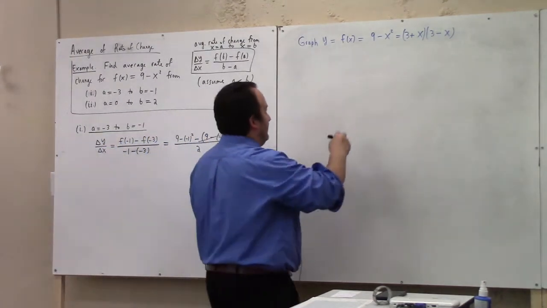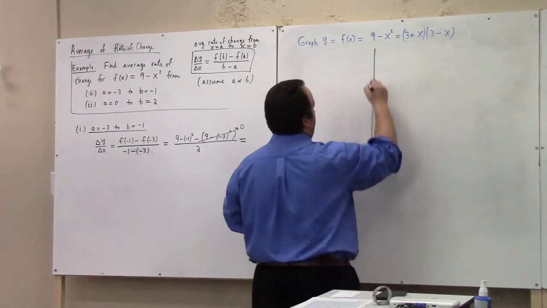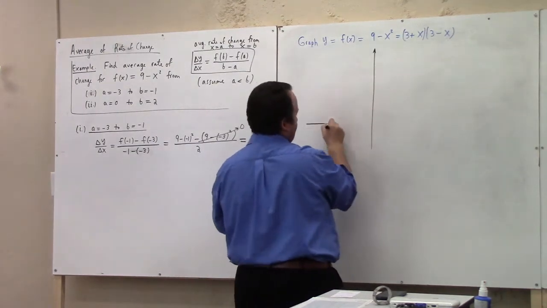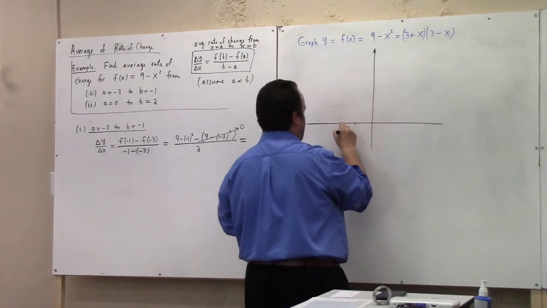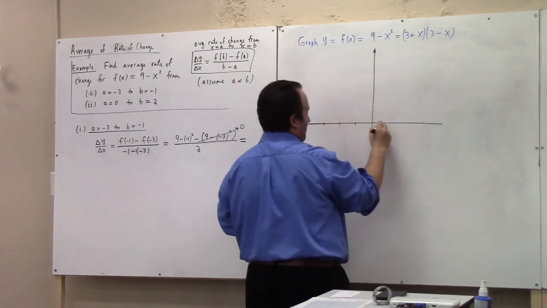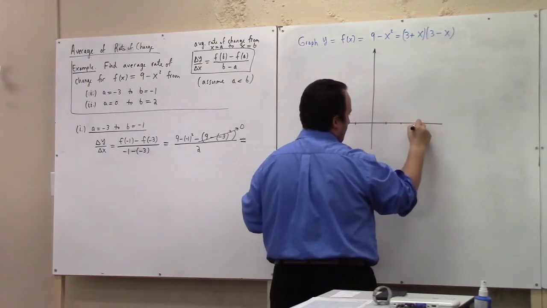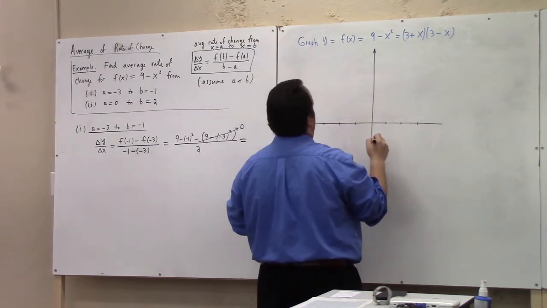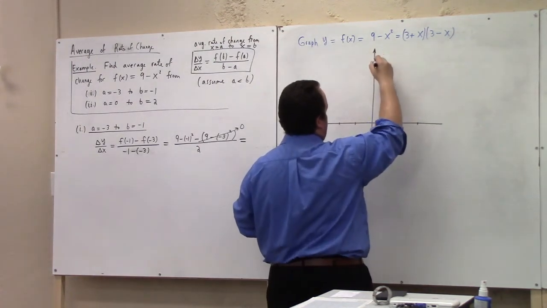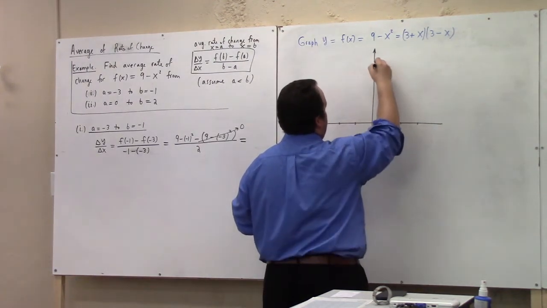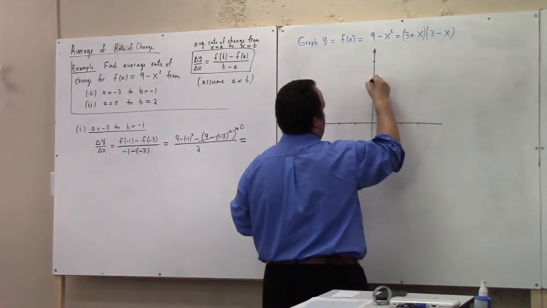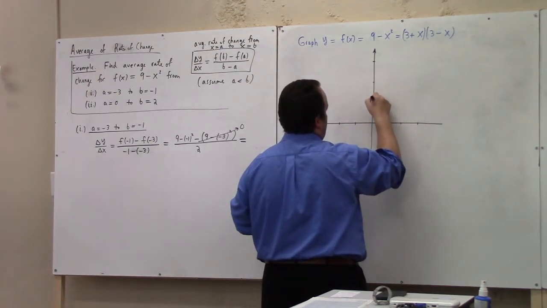And in fact, we can graph this thing. Not quite to scale, I guess. Well, let me try to do it to scale. This is going to be 9, 6, 3.